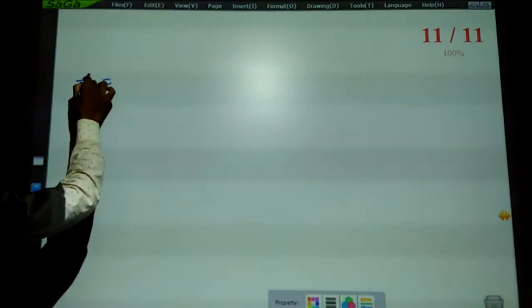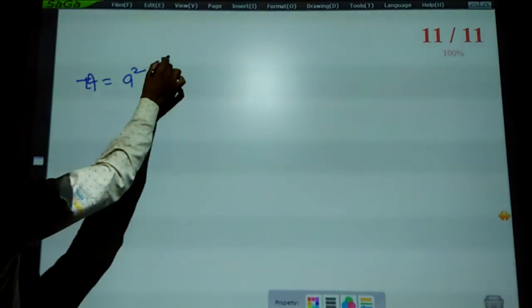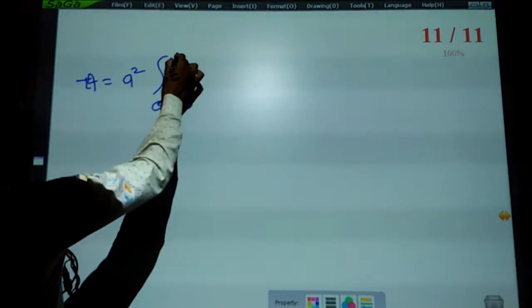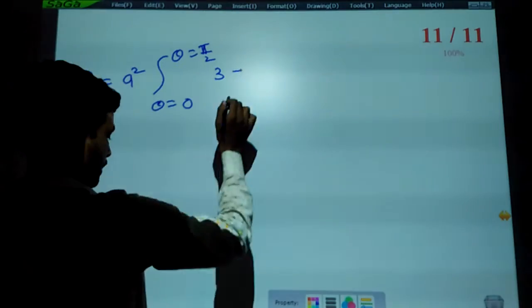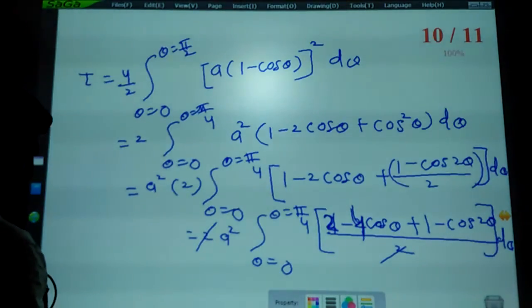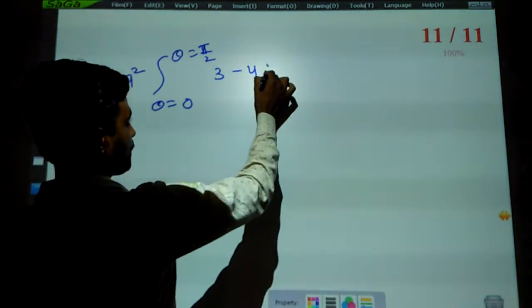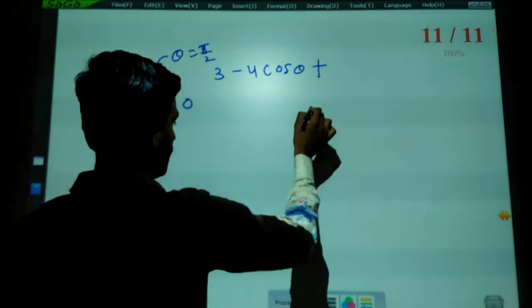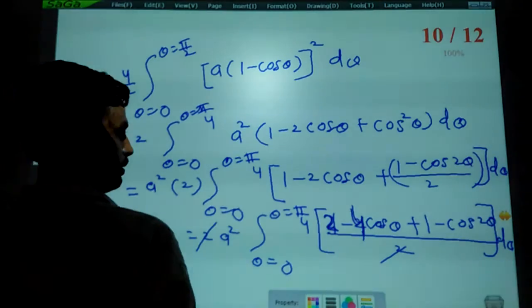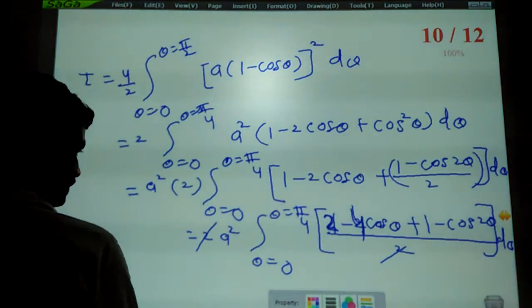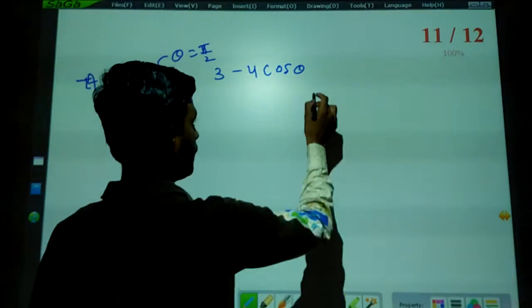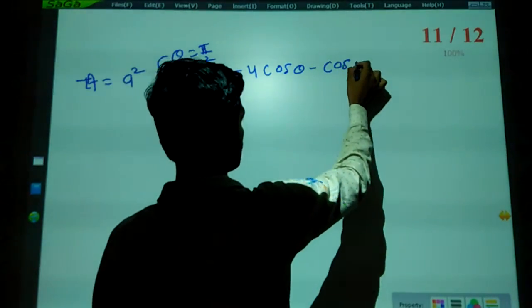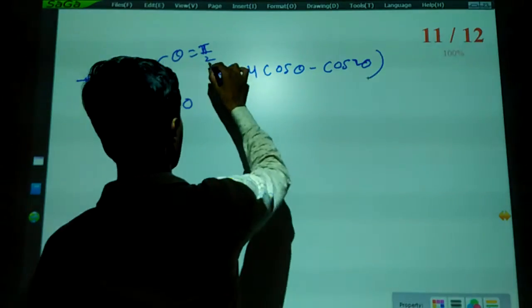So A is equal to a square, theta is from 0 to theta is equal to pi by 2, 3 minus 4 cos theta minus cos 2 theta d theta.